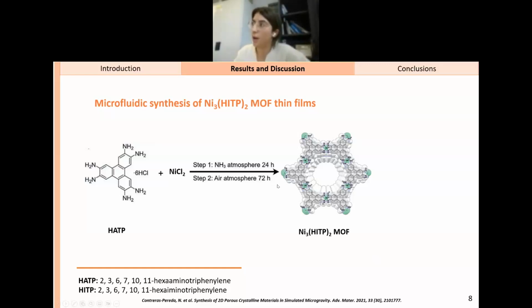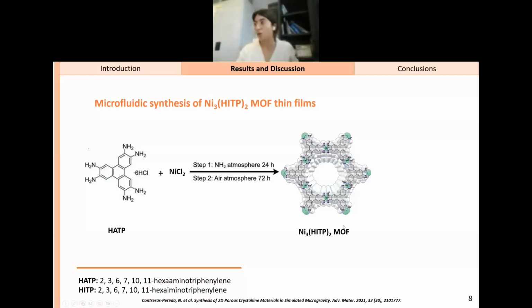So they chose the synthesis of this MOF for different reasons. The first one is because when you perform this reaction in bulk, the growth is difficult to control since it precipitates from the solution, and this can affect the reaction in a bad way.